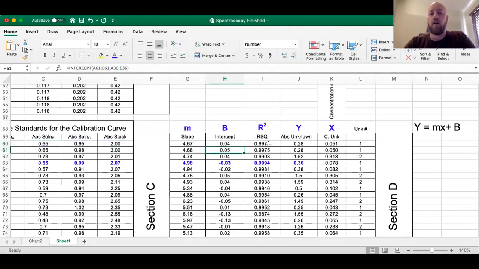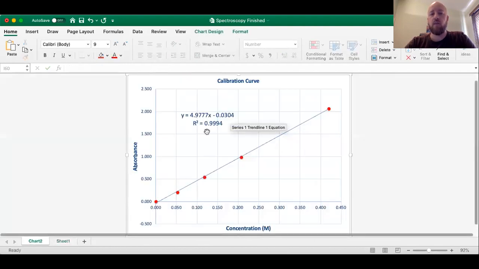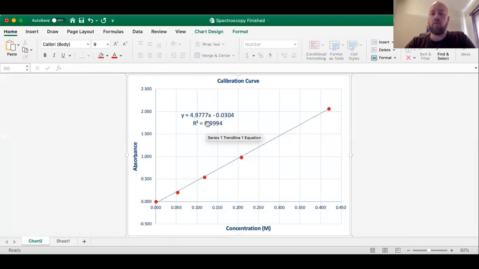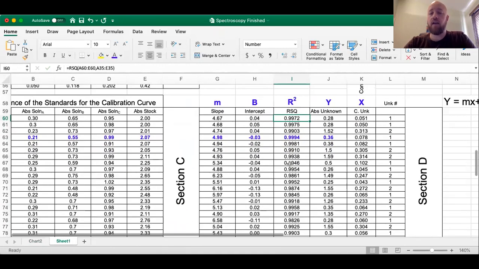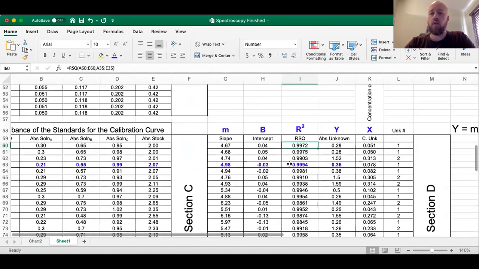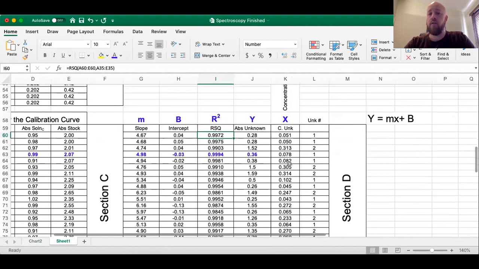Okay, the r squared value. You see the equation for that is RSQ. The r squared value is just like it is on the chart. If we've forgotten what it is, it is a function of how linear the data set is. The closer to 1, the more linear our data is. You probably did this in our first lab as you were plotting your data.